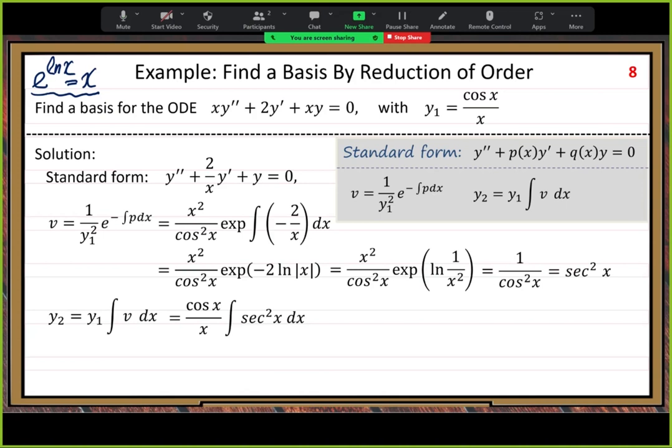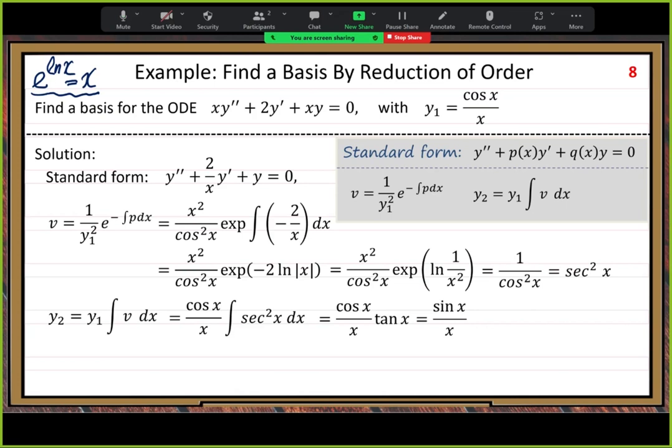Good, perfect. Tangent. Great. Cosine of x over x times tangent. Tangent is sine over cosine, cosine cancels out. So the answer is sine of x over x.